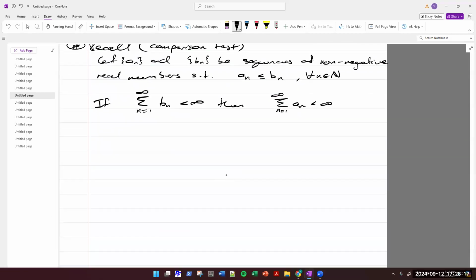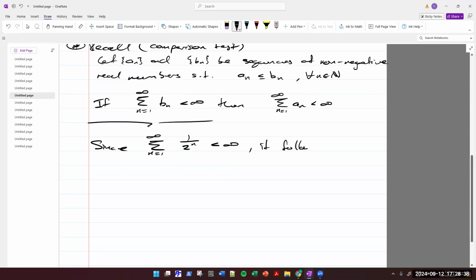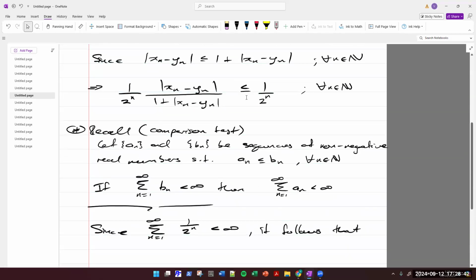You could show, although you don't need to show it, since the summation from n goes from 1 to infinity of 1 over 2 to the n converges, so this series is finite, right? It follows that these guys converge, therefore this one is going to converge.